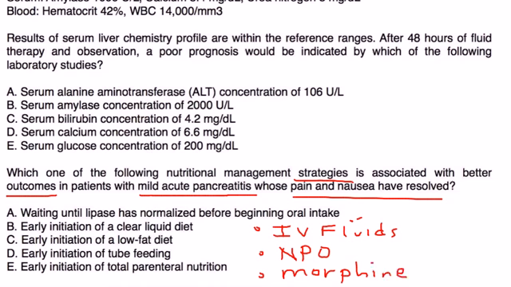They're saying that once the pain and nausea are resolved, how should you proceed? And recent studies, recent evidence has suggested that when you do start feeding the patient, the best outcomes occur when you give a low-fat diet, and that would be choice C.